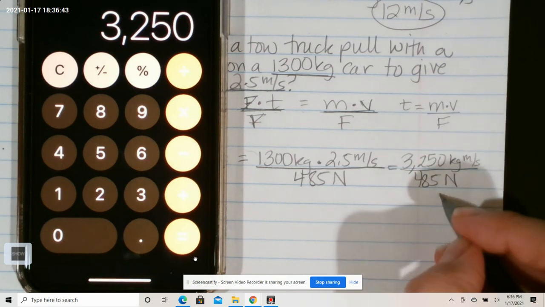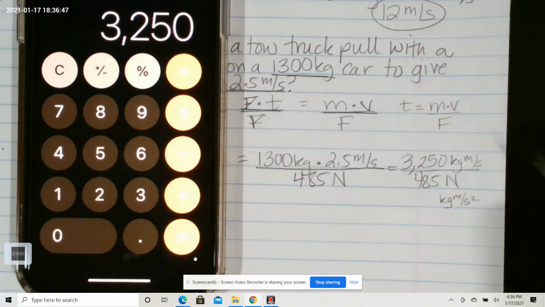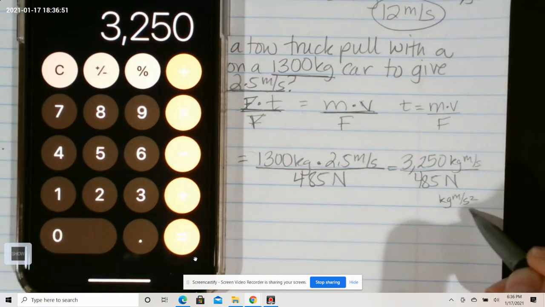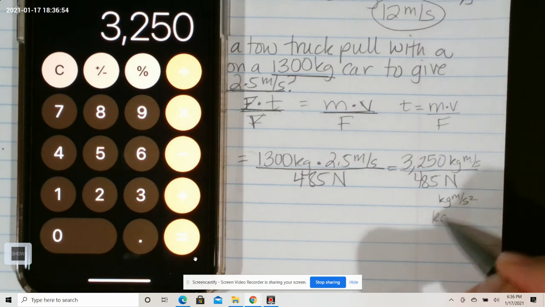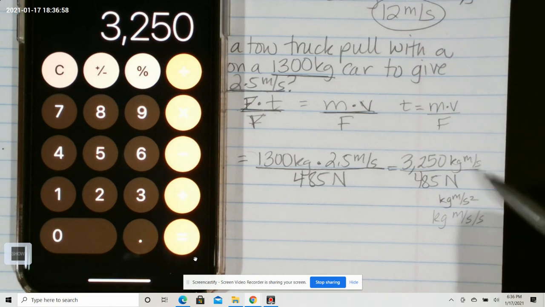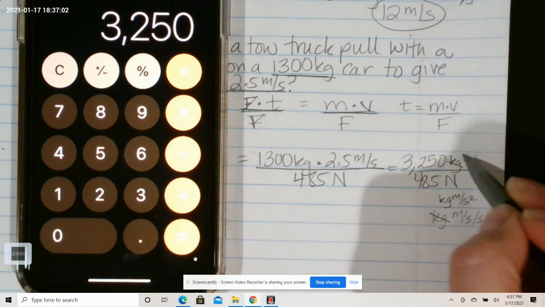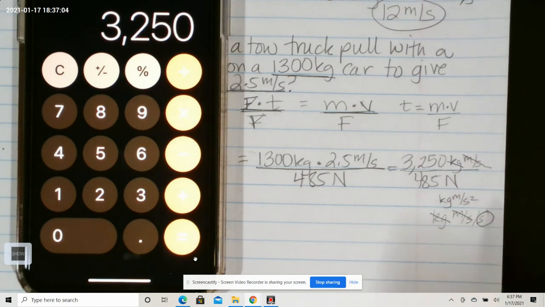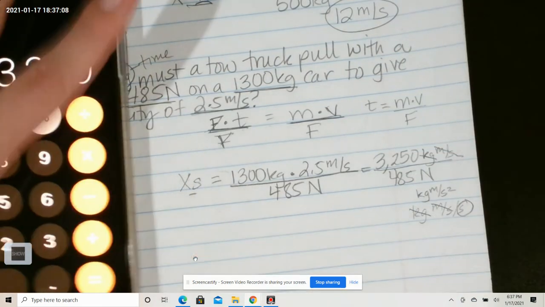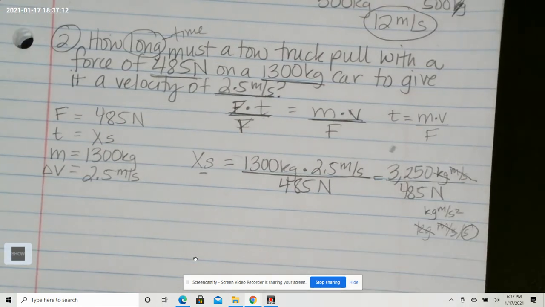Remember, a newton is a kilogram meter per second squared. So technically on top, I have kilograms meters per second, and on bottom, I have kilograms meters per second squared. If I wrote this out the right way, I can get rid of the kilograms and get rid of the meters per second. I'm left with one additional second. And guess what? We're looking for time. We need that second. So I'm going to do the division.